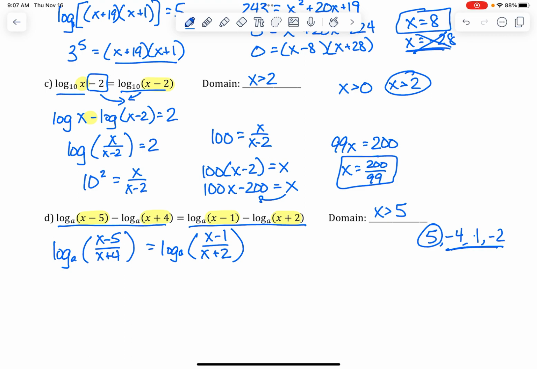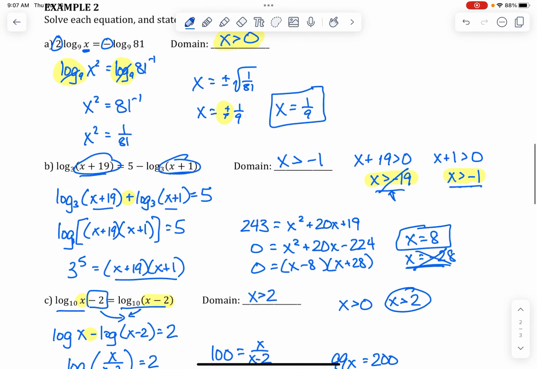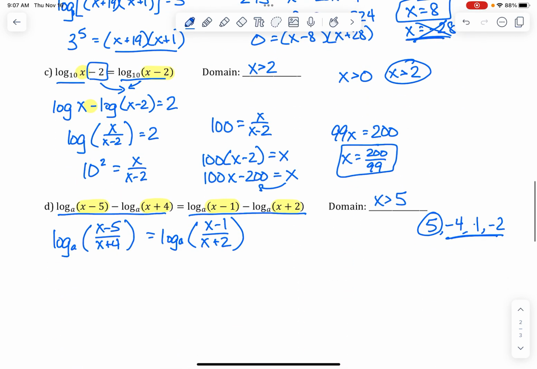All right, now we have 1 log on both sides. And like we did in the very first example, when we had 1 log on both sides, we can cancel it, right? The logs are gone, and now we just have 2 fractions equal to each other, which isn't that bad once you cross multiply.